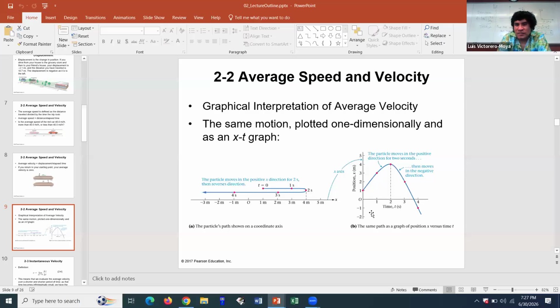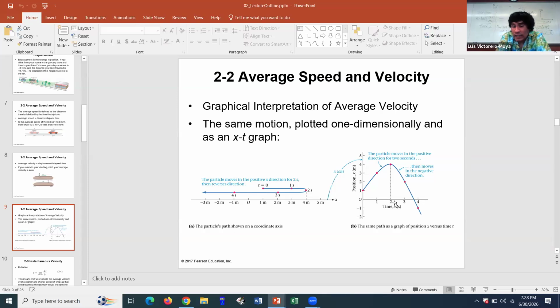Okay, sometimes doing graphs like this help you. And you know why they help you? At least to analyze the velocity. Okay, because the velocity is the rate of change of displacement. And displacement is related to velocity.